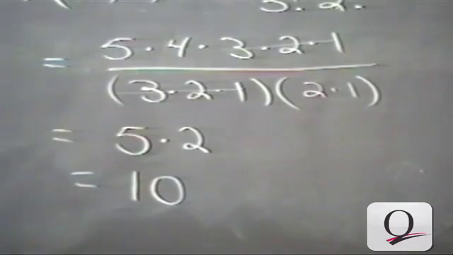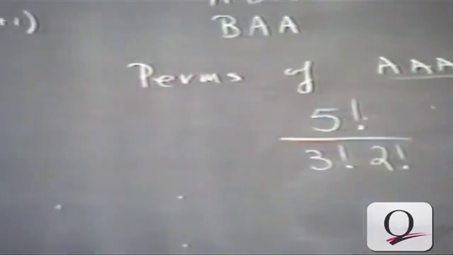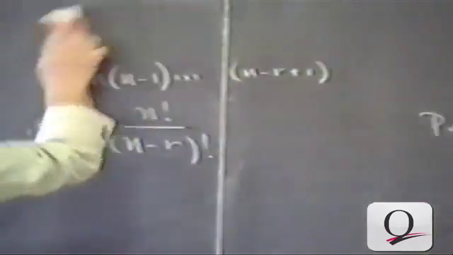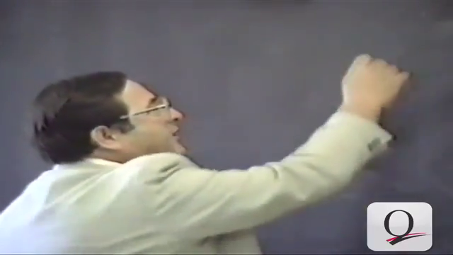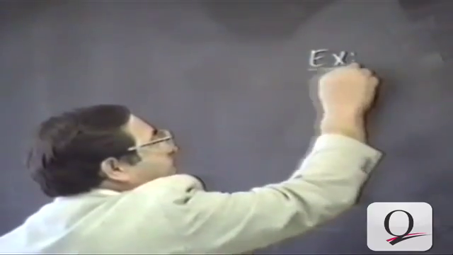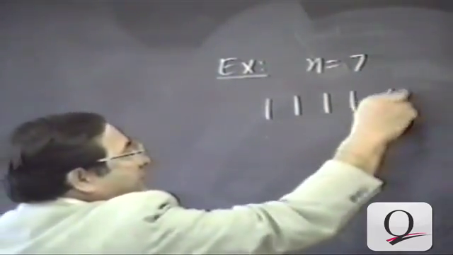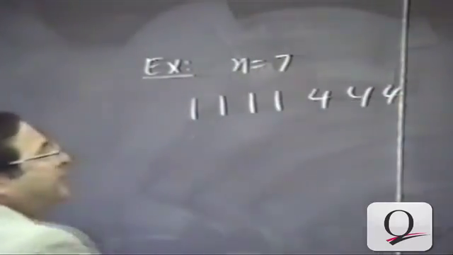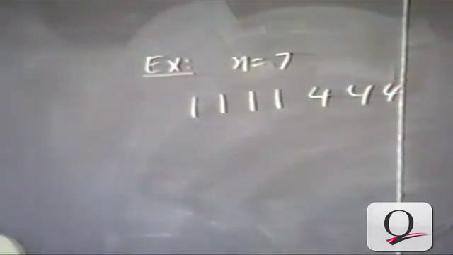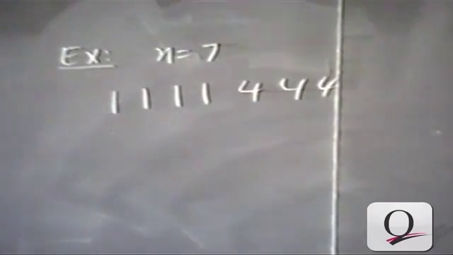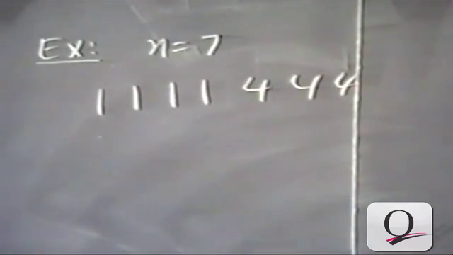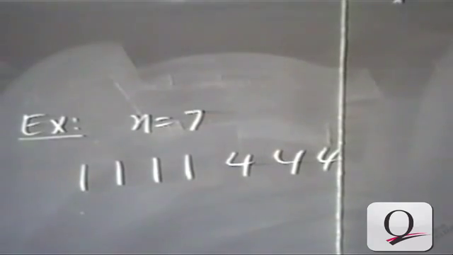Let's take another example. Suppose I had 7 numbers and they looked like this. How many different digits could I get from these 7 numbers? Again, if they were all distinct, I could have gotten 7 factorial, 5,040 permutations.